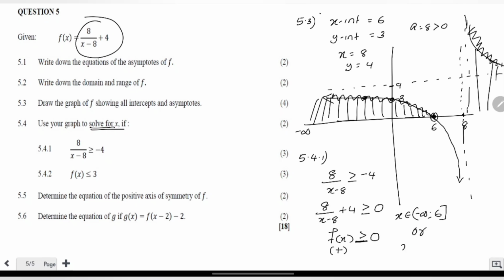Or another solution, x value starting from 8 up until infinity, open bracket, and 8 also open because at 8 it is an asymptote. So this is how you have to do this question. Okay, so graphically solving, it is very simple, but you need to understand that the concept is clear.